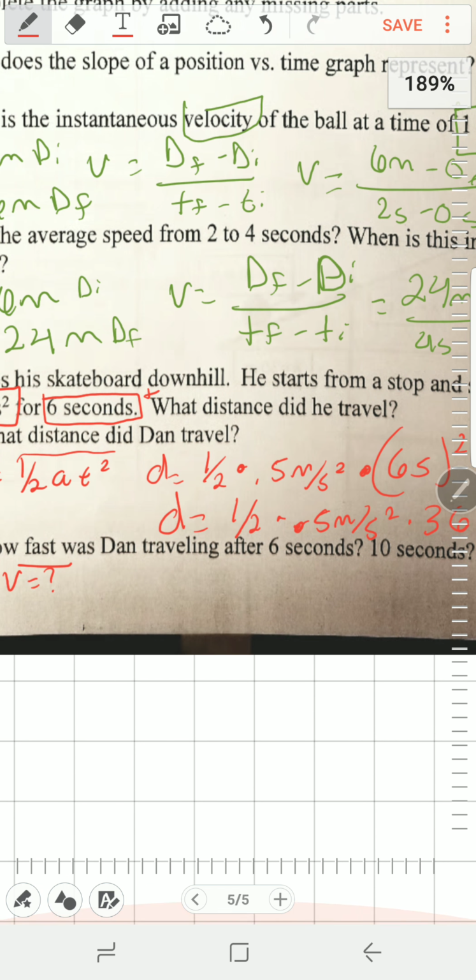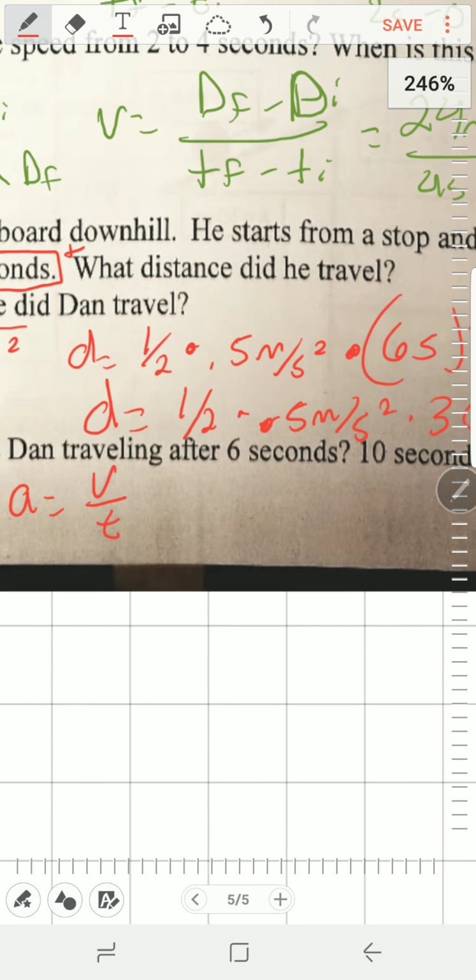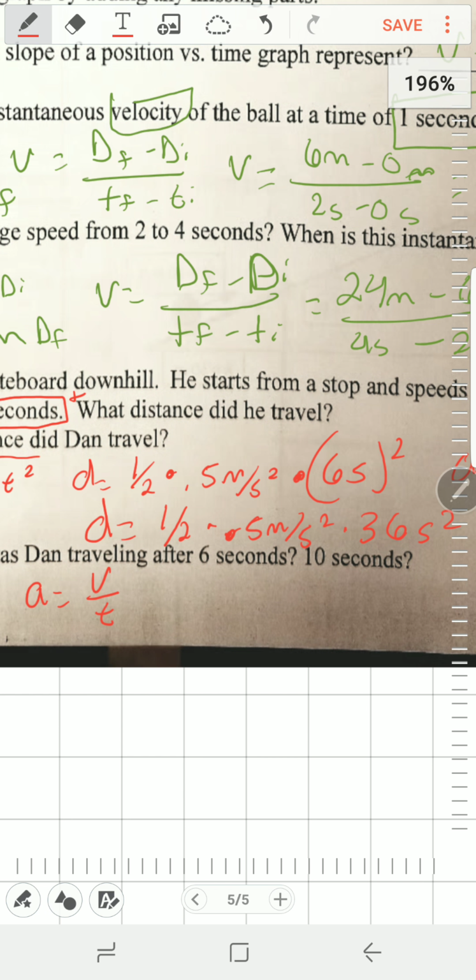Now the acceleration equation is A equals V over T. If you're given the acceleration, you should be able to solve for V. So let's do the 6 second one first. 0.5 meters per second squared equals velocity, because I don't know it, over 6 seconds.